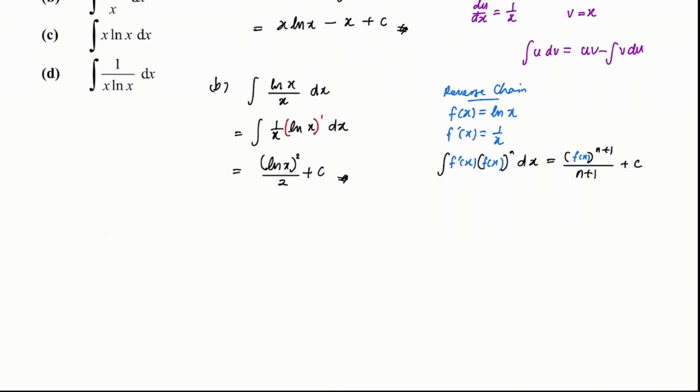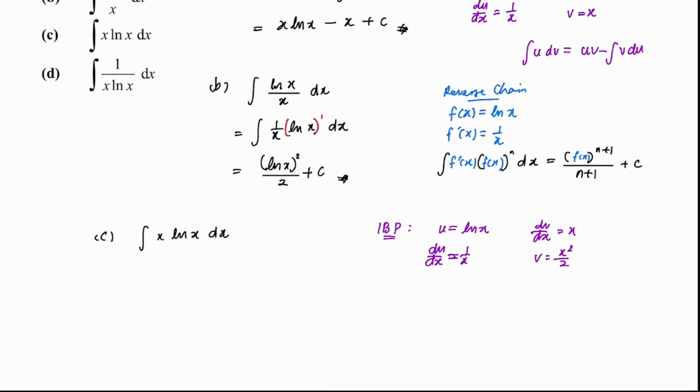Okay, part C. Part C, this one is x ln x. Now this one, very obviously, is integration by parts because you can't really see the f prime over here. So same thing, u and dv dx. The one to differentiate is ln x, easier after we differentiate. The one we want to integrate, easier after we integrate, is x.